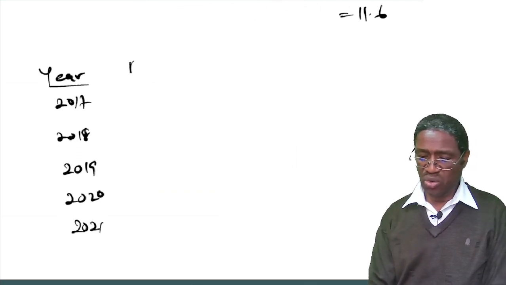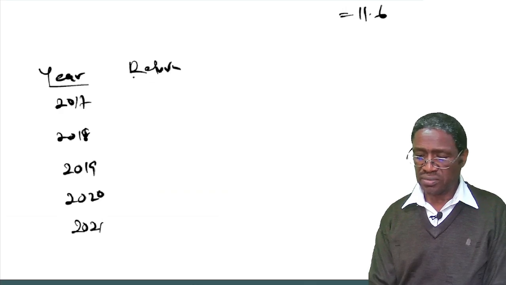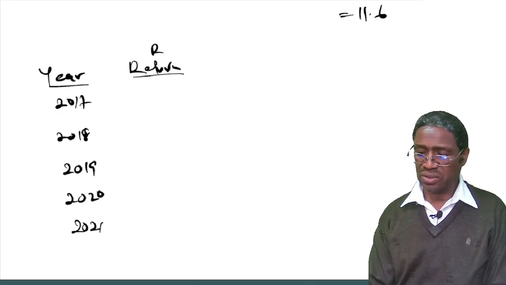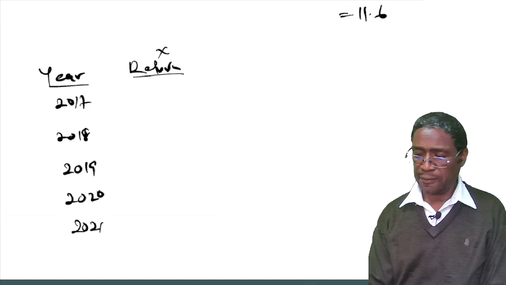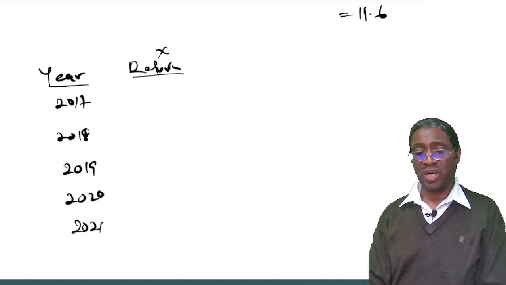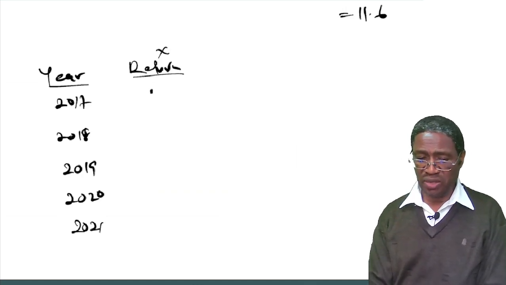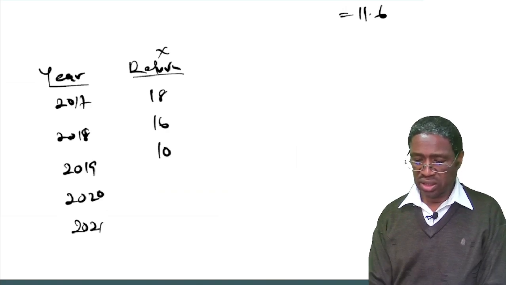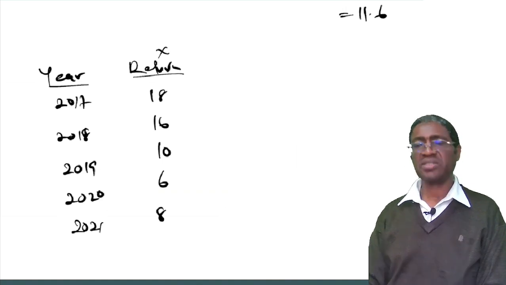Then the returns, we can call it X. We were given the returns. Let me just copy them again: 18, 16, 10, 6, and 8.